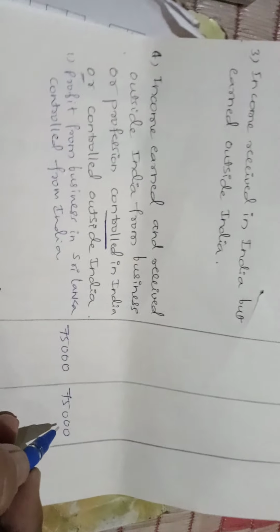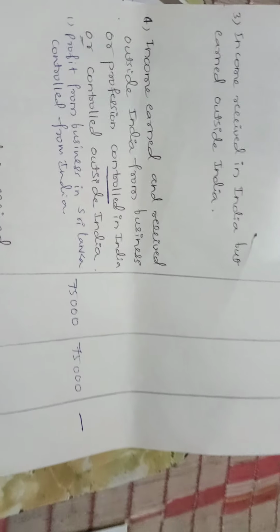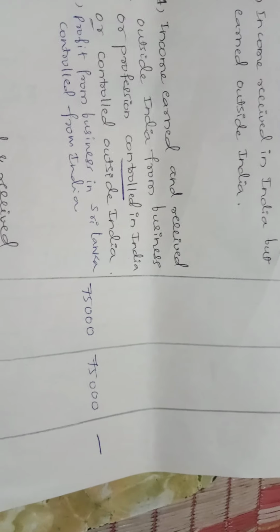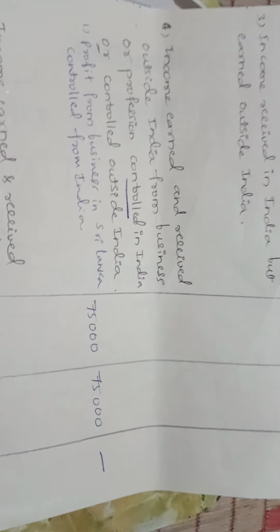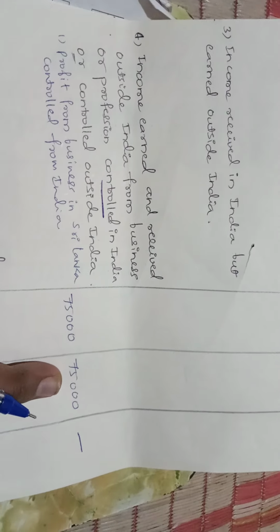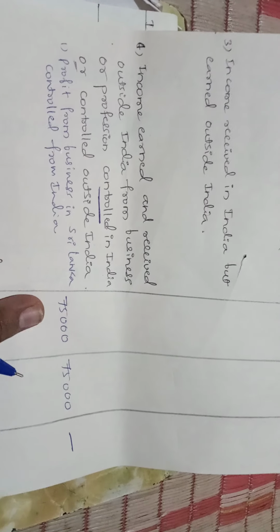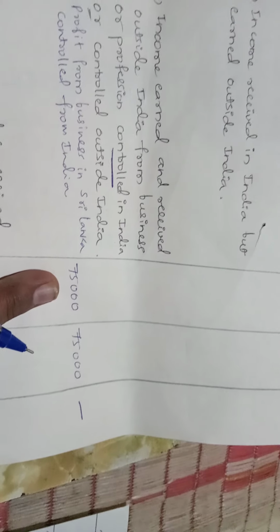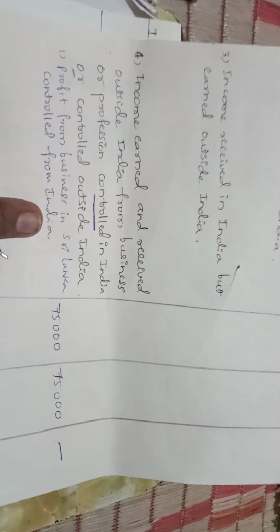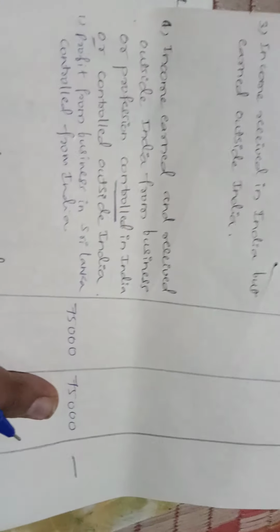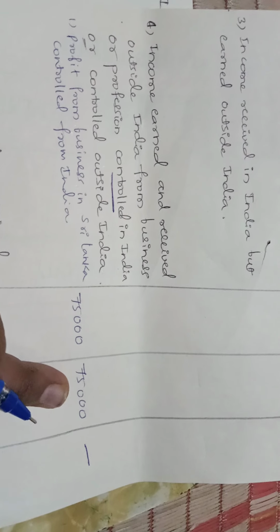In the first 2 columns only we are going to write. The last column will not be taxed in the non-resident case. If it is controlled from India, these 2 columns are going to be taxed. If it is not controlled, or controlled outside India, then only 1 column should be taxed. So it is a case of controlled from India, that is why in the first 2 columns it is going to be taxed.